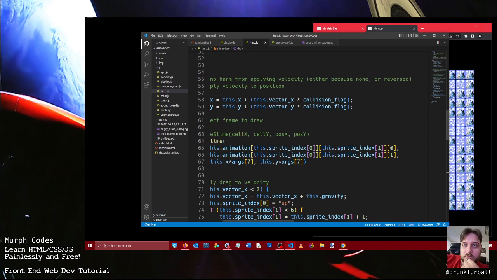All right, so the way this should work, this is the key for our dictionary. This will be the up, down, left, or right direction that our character is moving in. This will be a value of 1 through 6, determining which frame we're drawing from. And then this will be the x coordinate, and this will be the y coordinate.